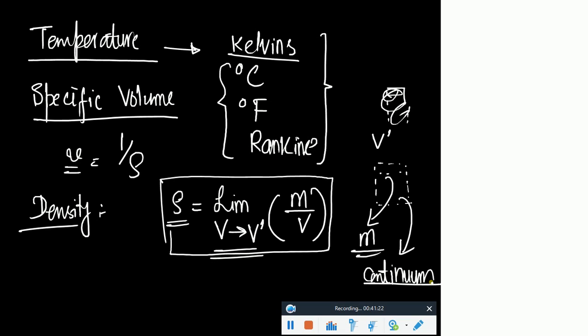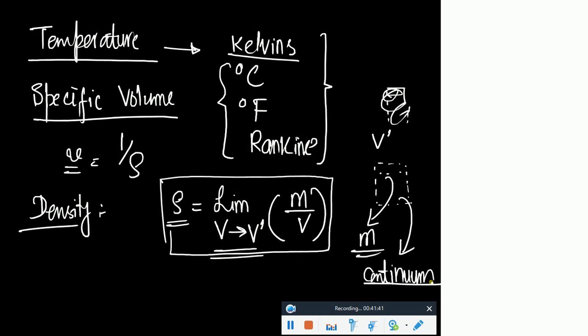Can you explain the limit V versus V bar, because you just defined V bar as that small little space? Yeah, just consider that this is the complete volume, for example, and I want to find out density.